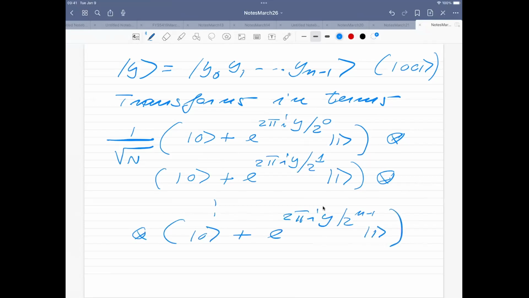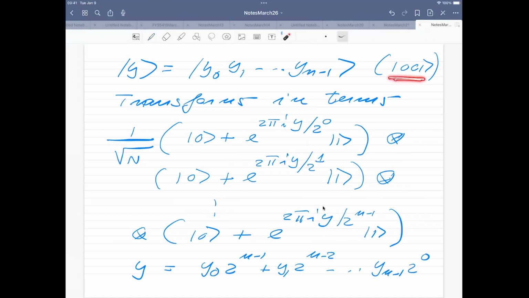And then we could decode these y's in terms of y0 times 2 to the power of n minus 1 plus y1 times 2 to the power of n minus 2, and all the way down to y of n minus 1 times 2 to the power of 0. So this specific state, which in this notation we gave the label of state 1.